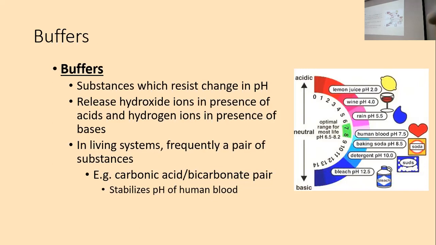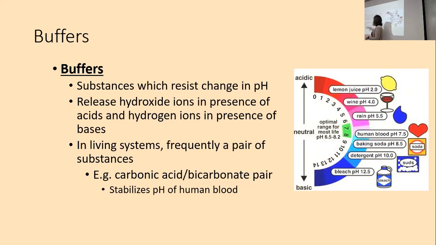In living systems, we frequently see a pair of substances, because most life exists between 6.5 and 8.2. Our internal systems tend to stay pretty neutral, and our bodies want to stay pretty neutral. So we have things in our bodies which keep us from getting too acidic or too basic.